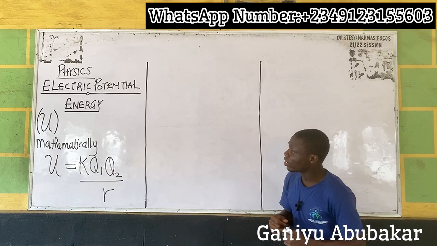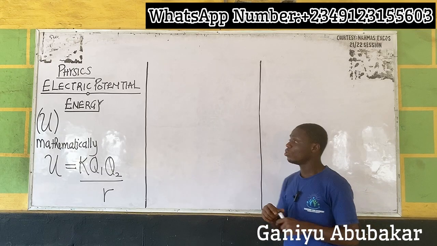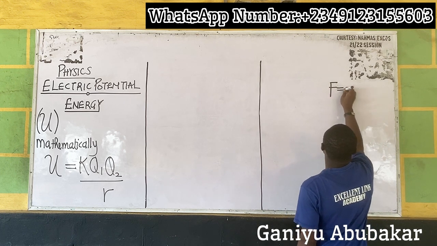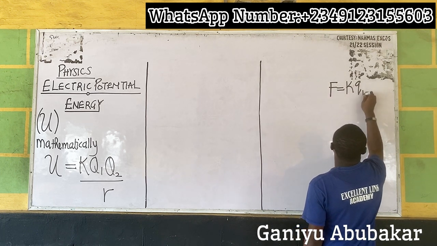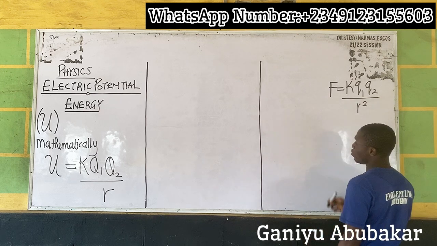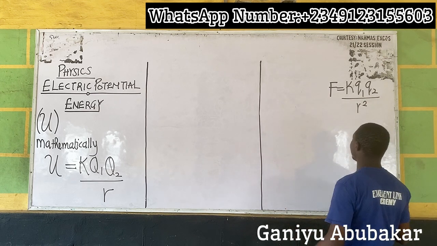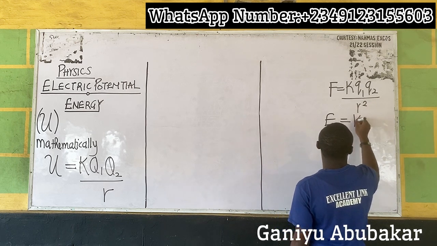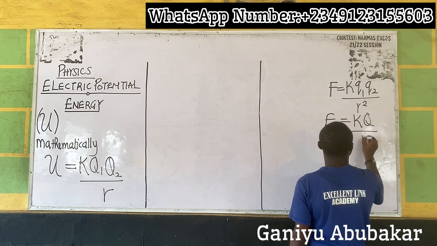All right, let's do a quick recap. We said from the beginning that force is equal to KQ1Q2 all over R squared. This is Coulomb's law. We now move to what we called electric field intensity, that's E. We said this is equal to KQ all over R squared.